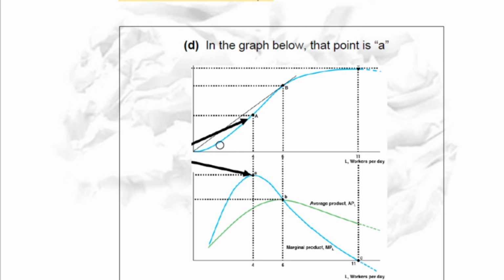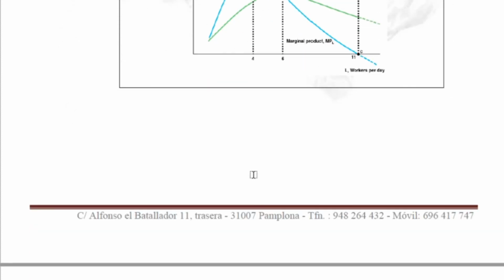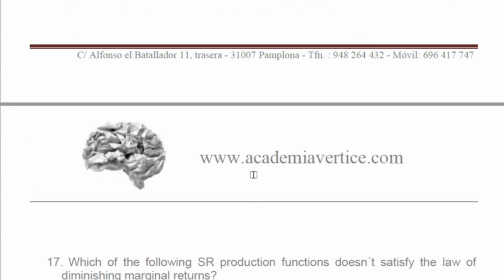Here we had a very high slope, and here the slope is diminishing. The marginal product of labor is decreasing from that point. If this happens, we say that the law of diminishing marginal returns is verified.